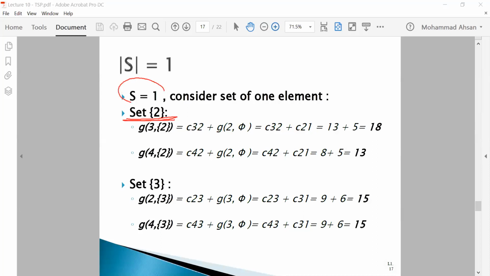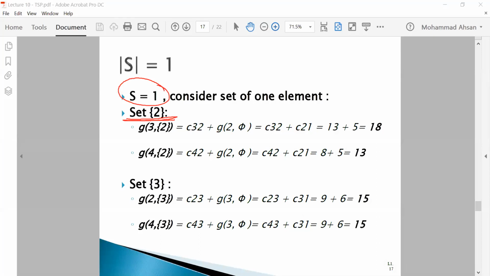The size of the subset is 1, so we are considering only one element. So what if that intermediate vertex was 2? If that intermediate vertex was 2, 1 is already gone, you have started at 1, so 1 is visited. The intermediate vertex we are talking about is 2.